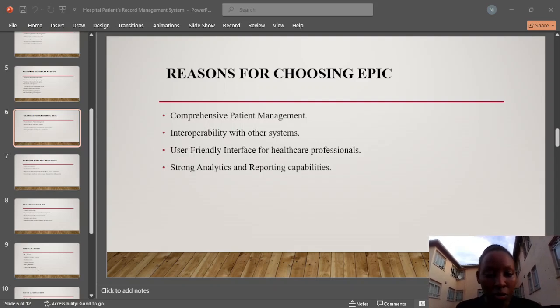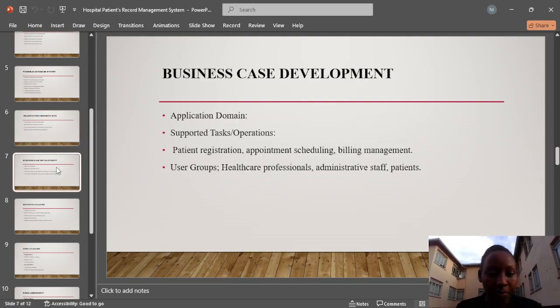Then interoperability, which helps to facilitate data sharing across different healthcare providers. Then it has a user-friendly interface. The system is known for its intuitive user interface, which enhances the user experience for healthcare staff. Then strong analytics. EPIC includes advanced tools that allow the organization to derive insights from the patients' data. Those are some of the reasons I would give for choosing EPIC.